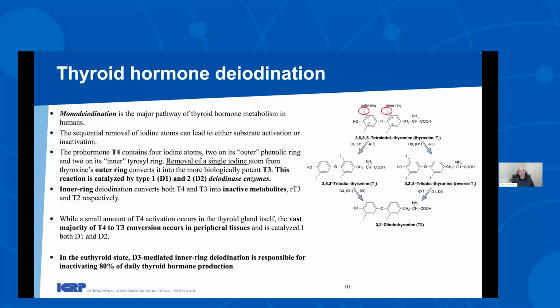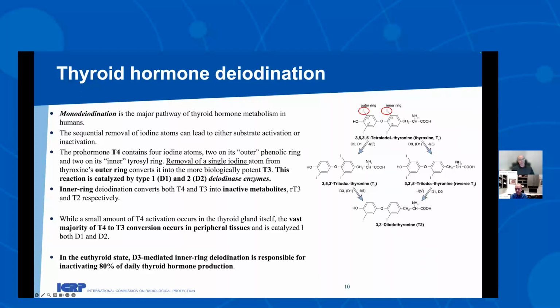Thyroid hormone deiodination occurs mostly in remote body tissues, and it's important to understand that there are a number of enzymes which do this. Deiodination by the outer ring can produce the most active thyroid hormone, T3, and deiodination of the inner ring can produce an inactive form of thyroid hormone.